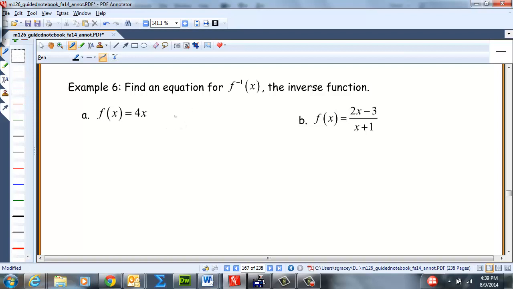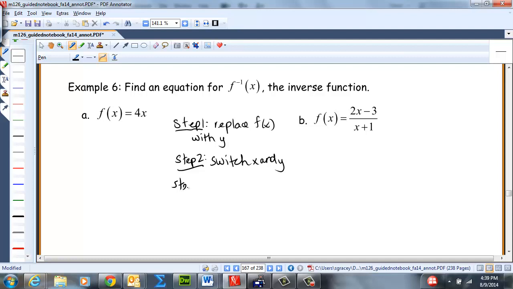Step 1 was replace f at x with y. Step 2 was switch x and y.